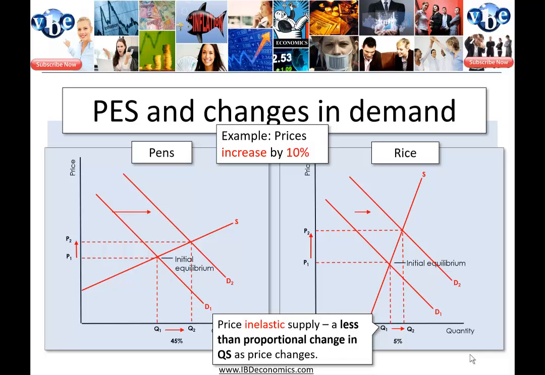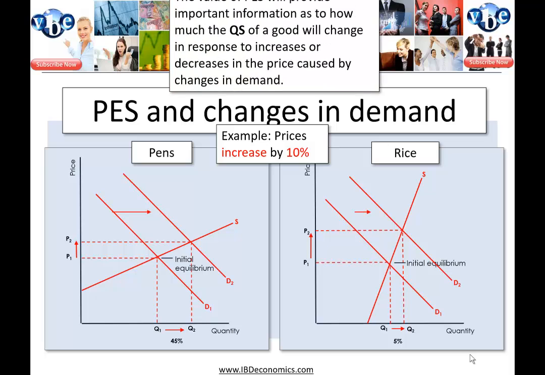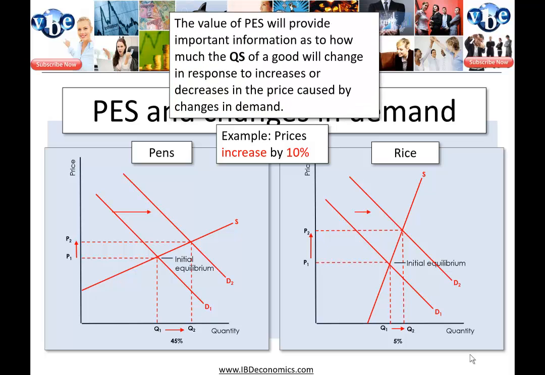Relatively inelastic supply will cause a relatively large price change, but a relatively small change in quantity supplied. Okay, so the value of PES is going to provide important information as to how much the quantity supplied of a good will change in response to increases or decreases in price caused by changes in demand.